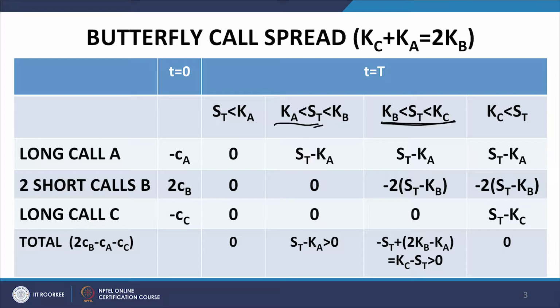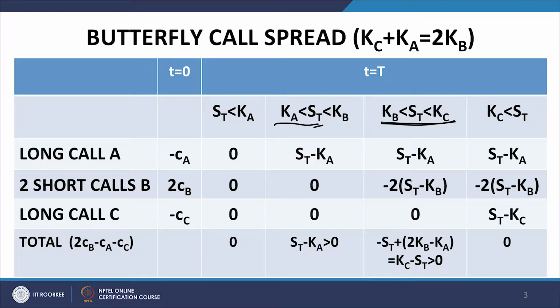I reiterate, you can look at the last row of this diagram, the payoffs are 0, greater than 0, greater than 0 and equal to 0. In other words, the payoffs are invariably greater than or equal to 0, and therefore, when you work out the expected values taking any probability distribution for the stock prices, you are going to end up with either a 0 or a greater than 0 figure.